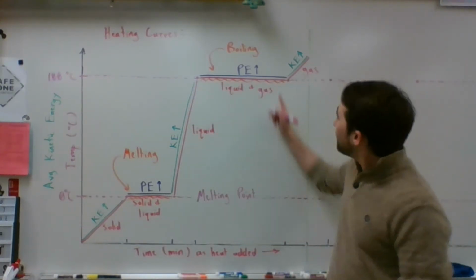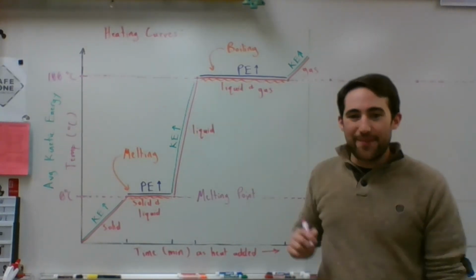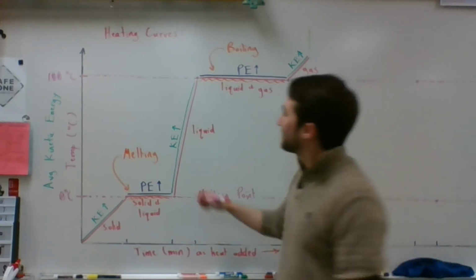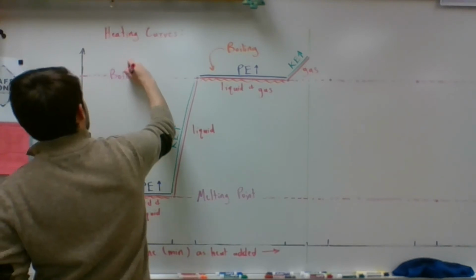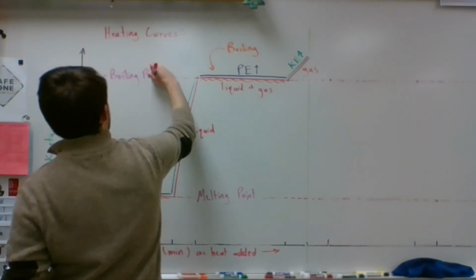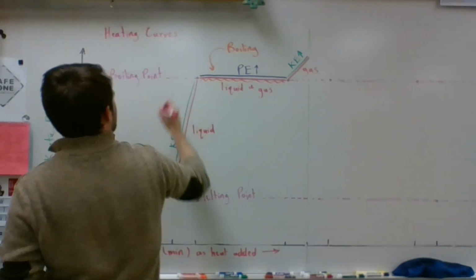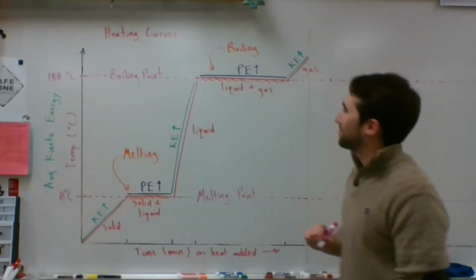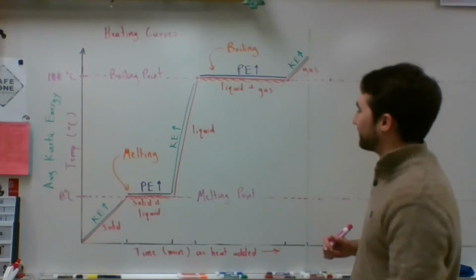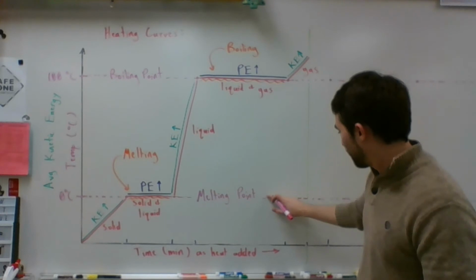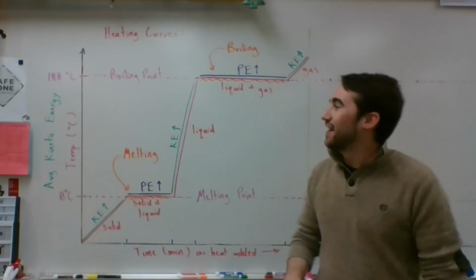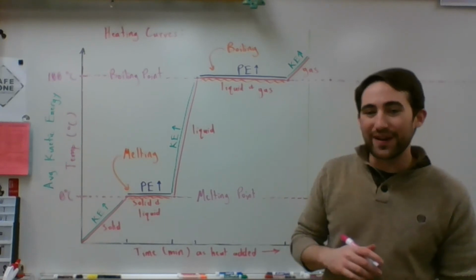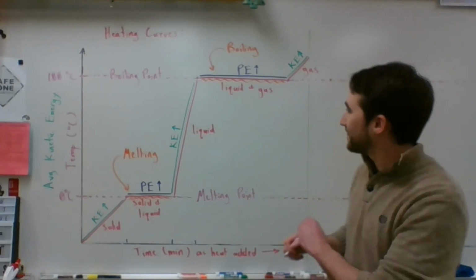And the temperature that boiling happens at is called the boiling point. Pretty self-explanatory. For water, the melting point is 0 degrees Celsius, and the boiling point is 100 degrees Celsius.